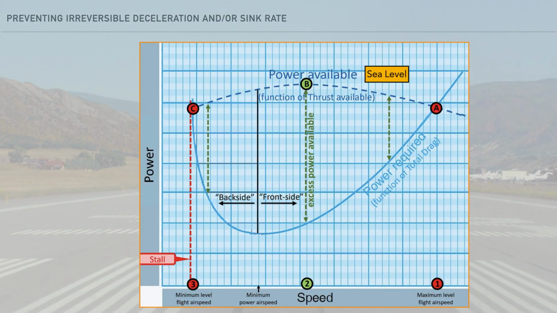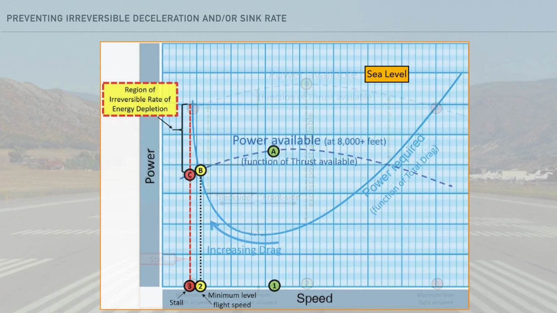So how does this situation occur? Recall our power required versus power available curve from earlier. At sea level, there is plenty of excess power throughout most of the airspeed range of the airplane. However, at 8,000 feet, the engine is unable to produce as much power. At the lower end of the airspeed envelope, position 2, where induced drag is rising exponentially, the plane is unable to climb as there is no excess power available at this altitude.